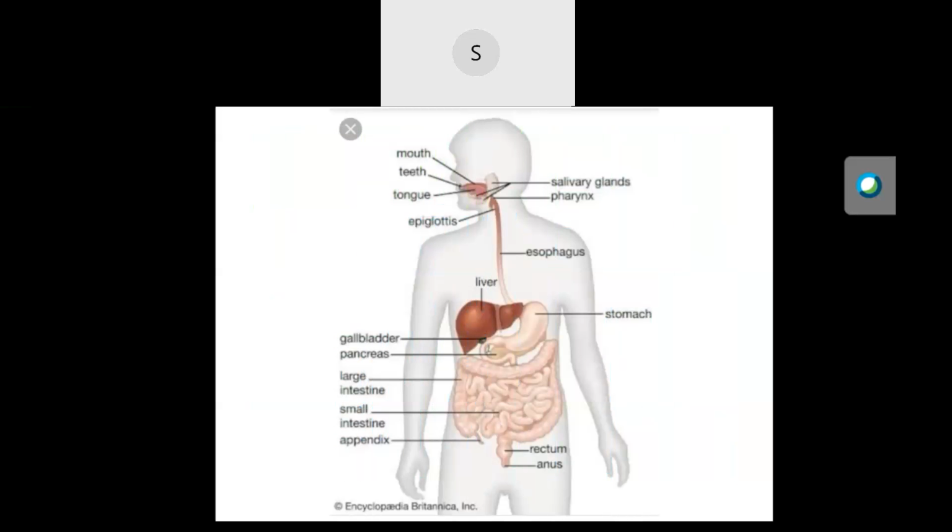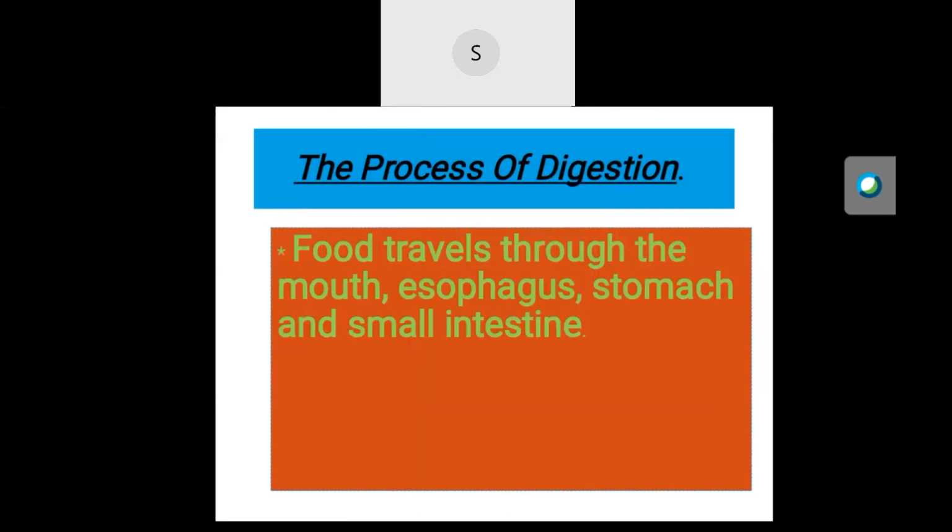Here is the picture of the digestive system, first shown in the picture. In the digestive process, food travels through the mouth, esophagus, stomach, and small intestine.